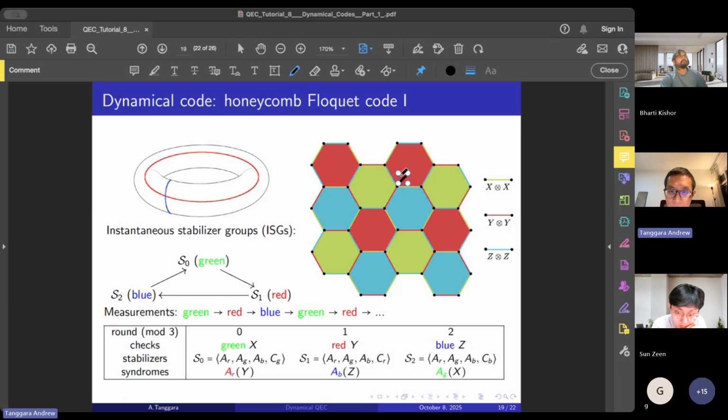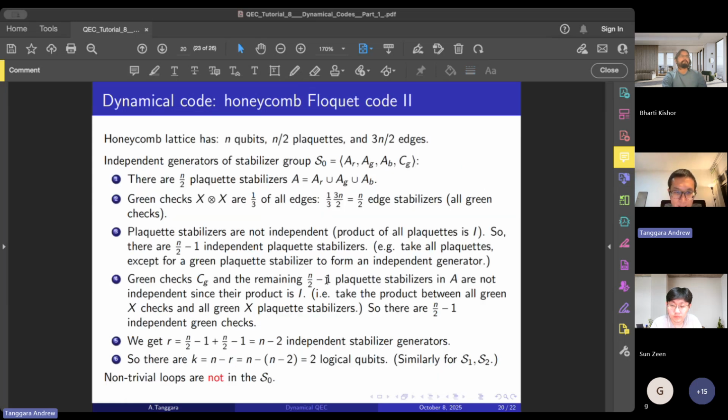This green check is XX, and if I take the product of this and these two X plaquettes, which have 6 qubit X stabilizers, this qubit is going to be identity. Also all these vertices that are on both green plaquettes and green edges are going to be identities. So I can just take one green check out, right?